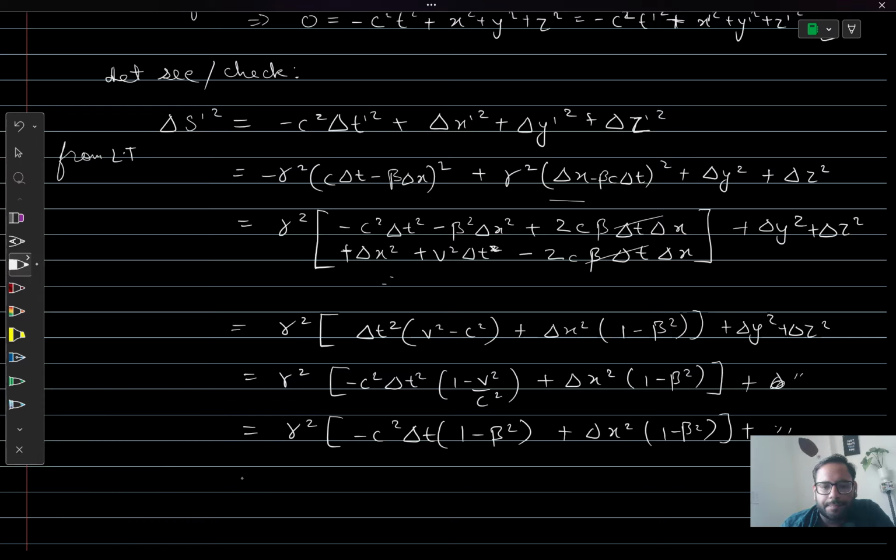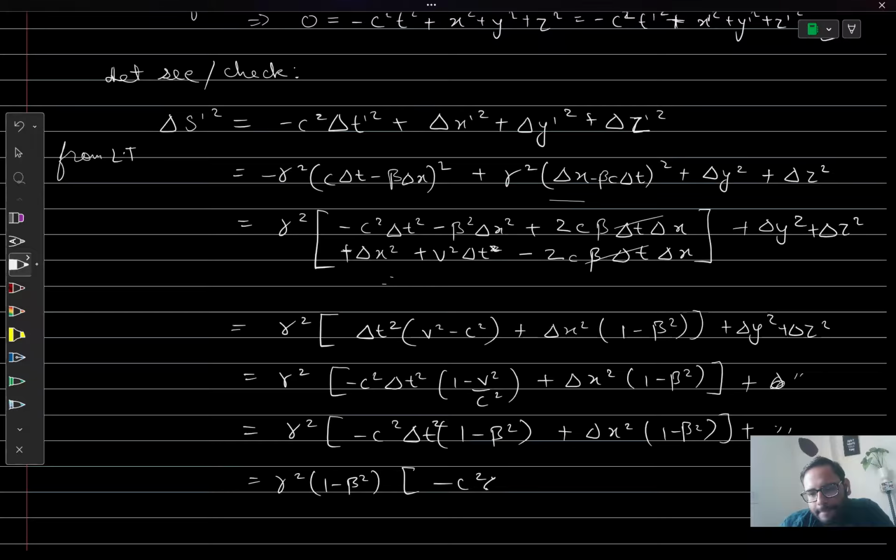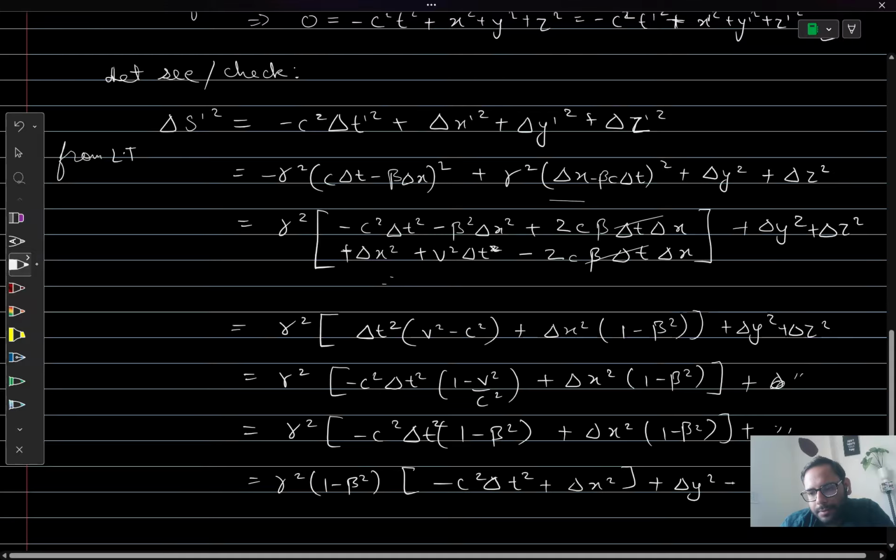See, so 1 minus beta squared can be taken out common, and this would be delta t squared plus delta x squared plus this whole term, right?